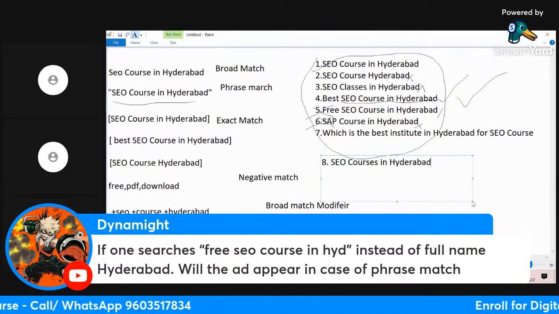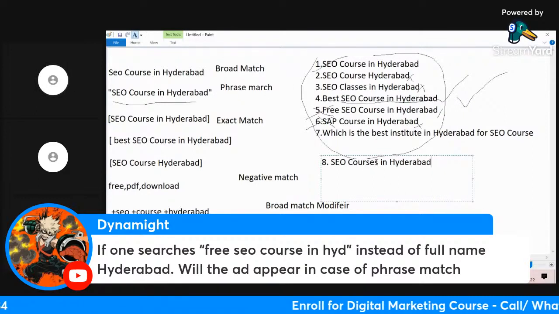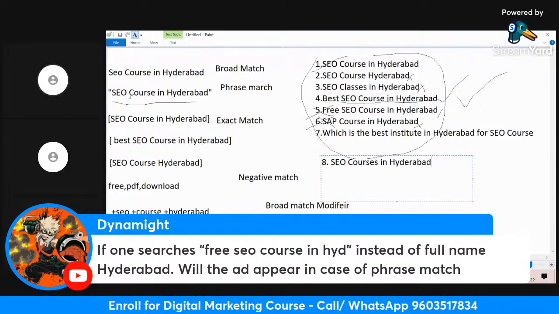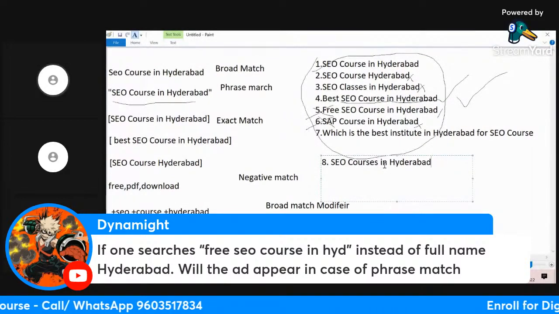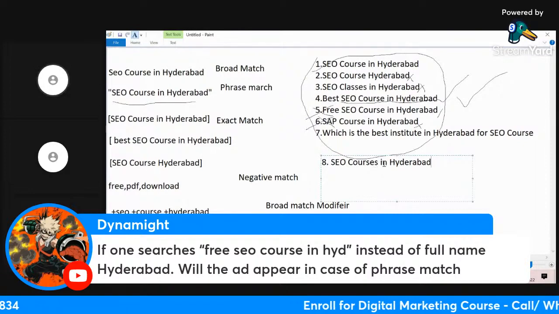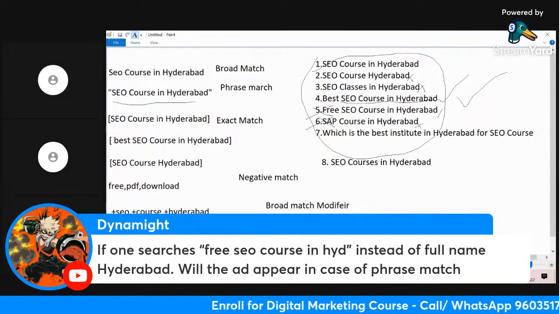So close variation, course and courses, singular plural, Google will accept it. It will not say that no, it disturbed the pattern. So in the same way, HYD for Hyderabad, maybe it will autocorrect. You can check once. So singular and plural, I'm writing here.